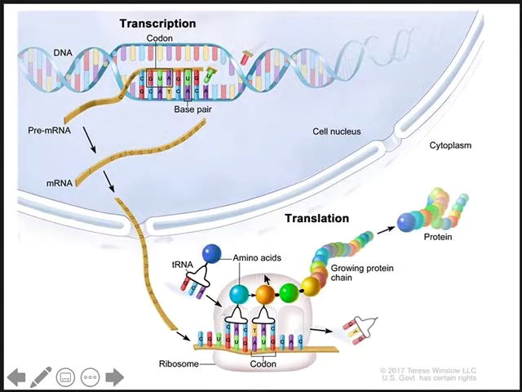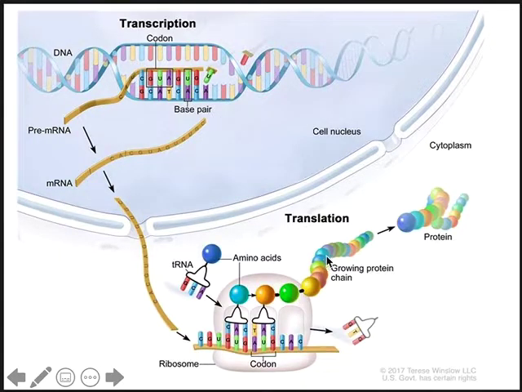Then you get your large ribosomal subunit on top, and then you go down each codon. The tRNA comes in, binds in a complementary base fashion. The anticodon's located on the tRNA, and it matches up with the codon on the transcript. And you go down until you reach the terminator.